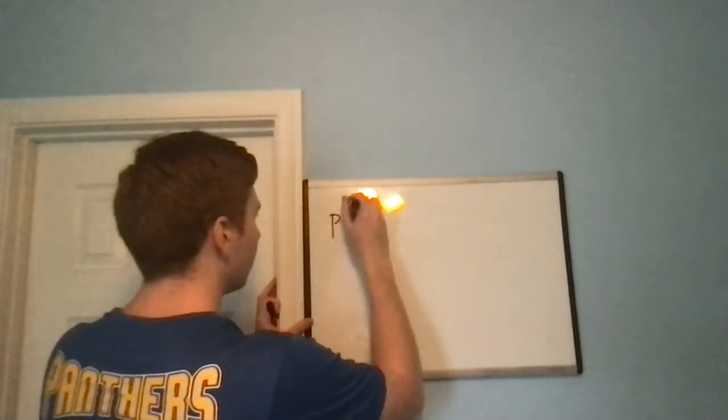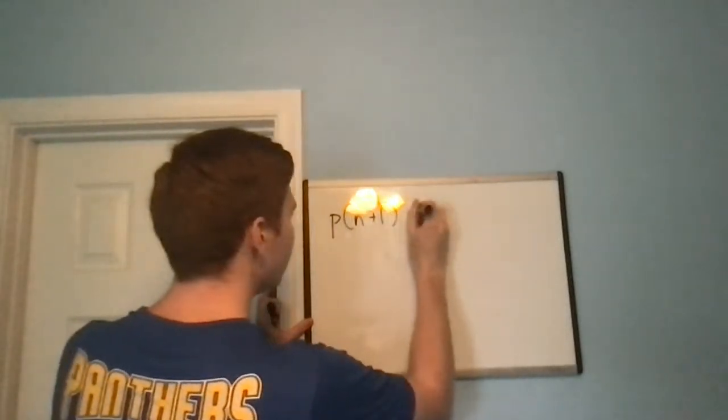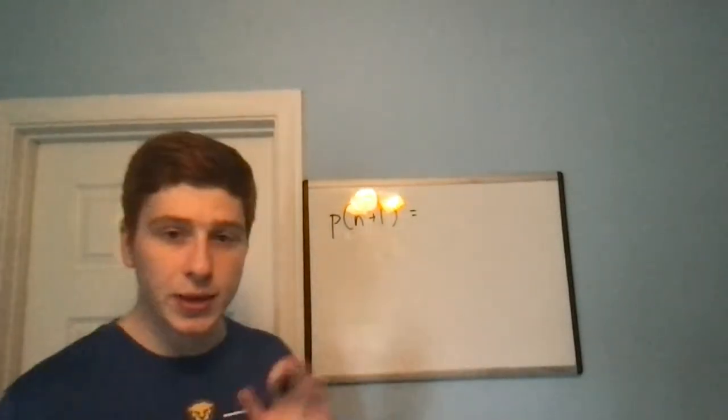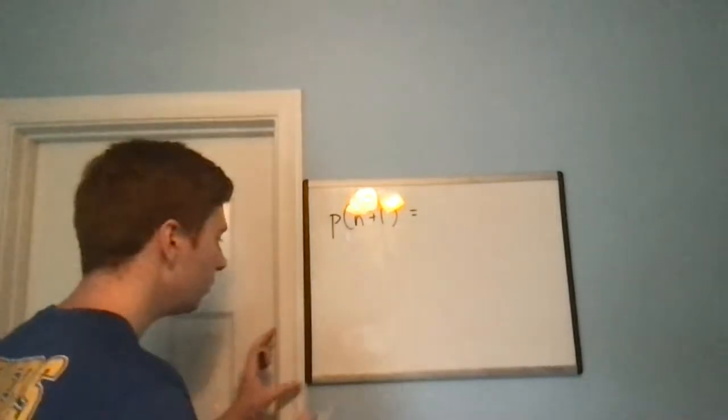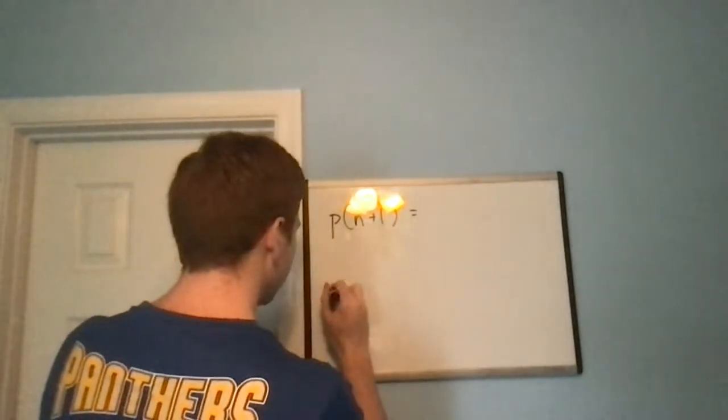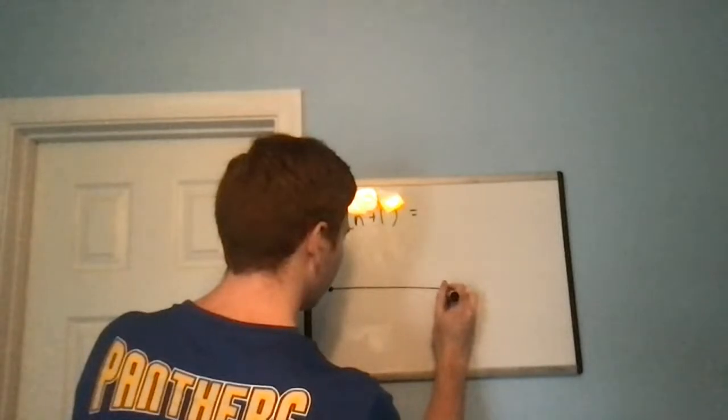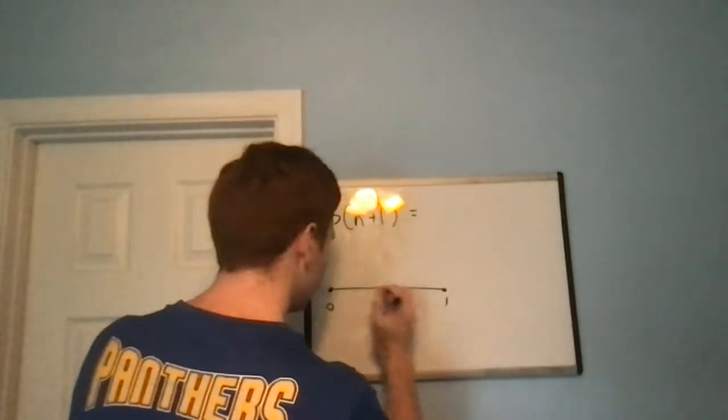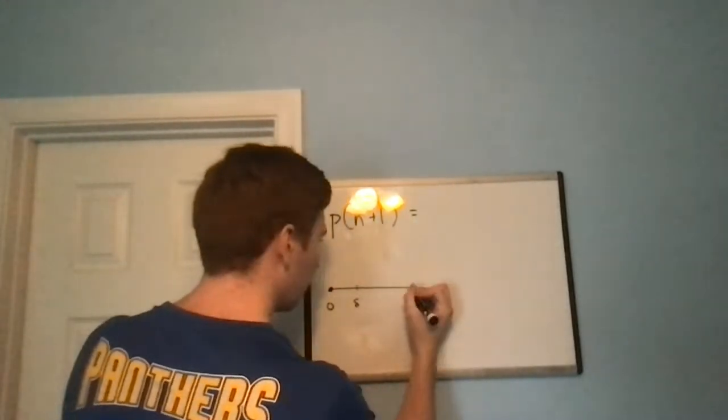Ultimately what I was trying to do here was something kind of inductive. Now, what is P of n plus 1 in terms of P of n? Here's 0 to 1, here's delta, and here's x1.